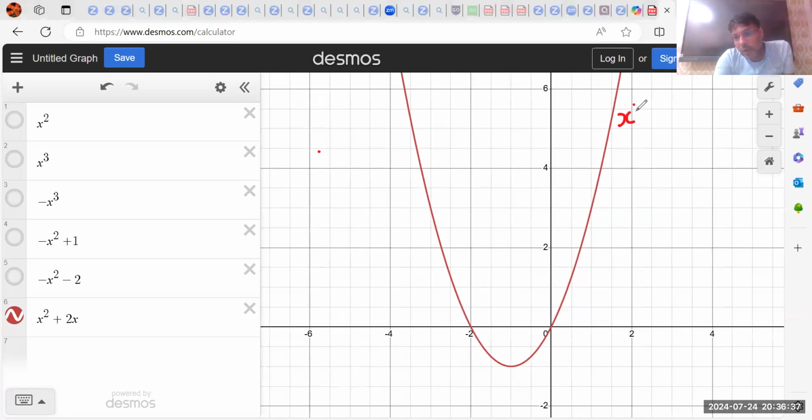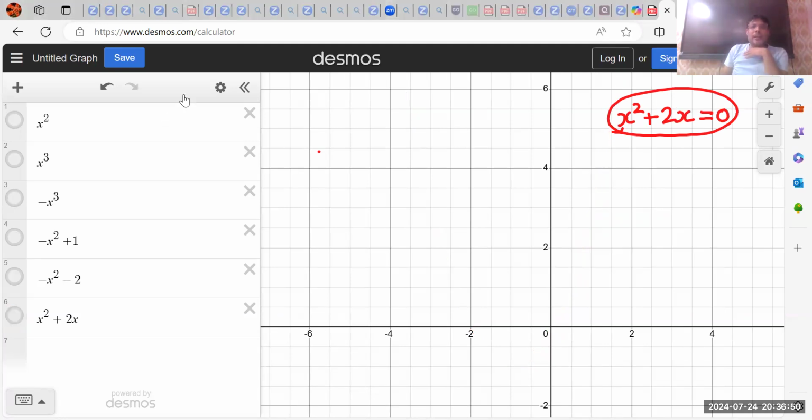So if your equation was x square plus 2x equal to 0, if I ask you to solve this equation, what will be your answer? Tell me, guys, solve this equation and give me your answer in the chat quickly.